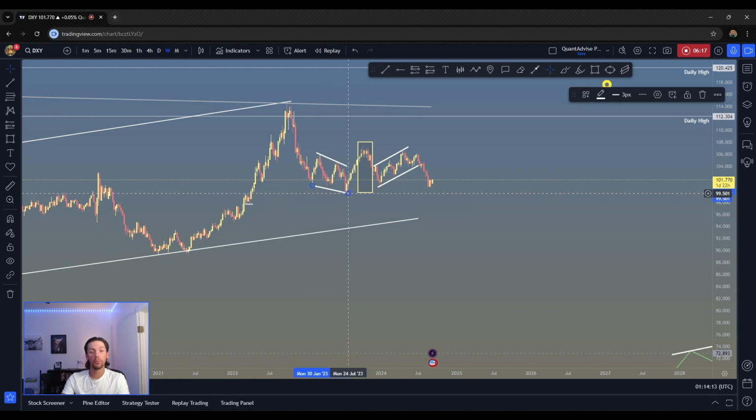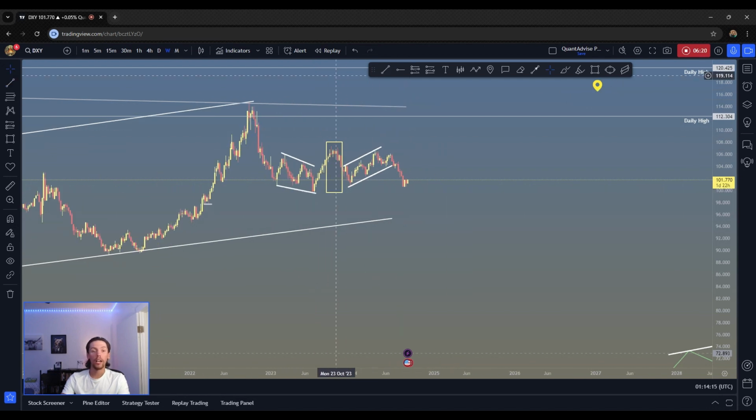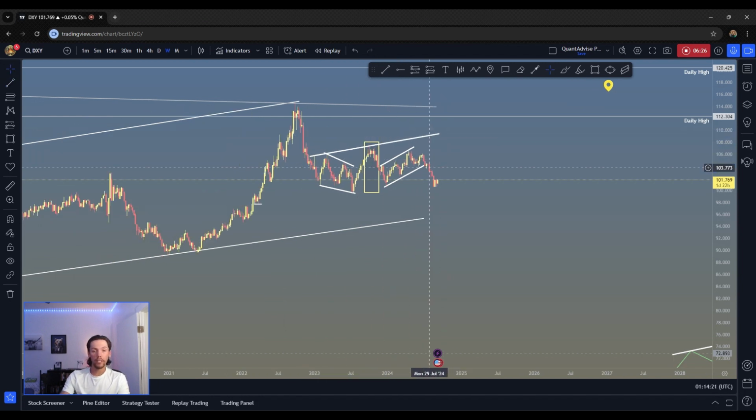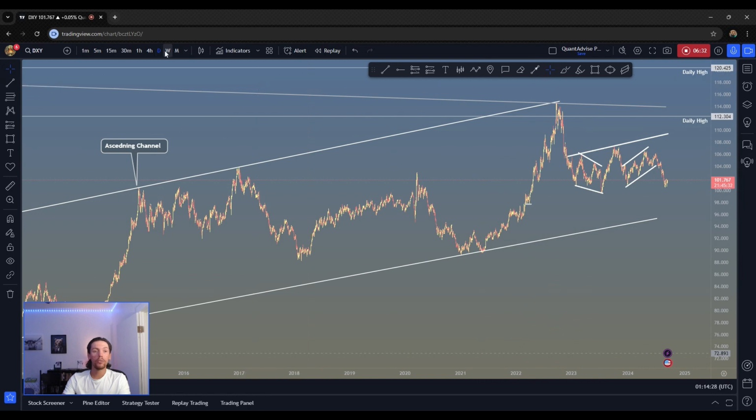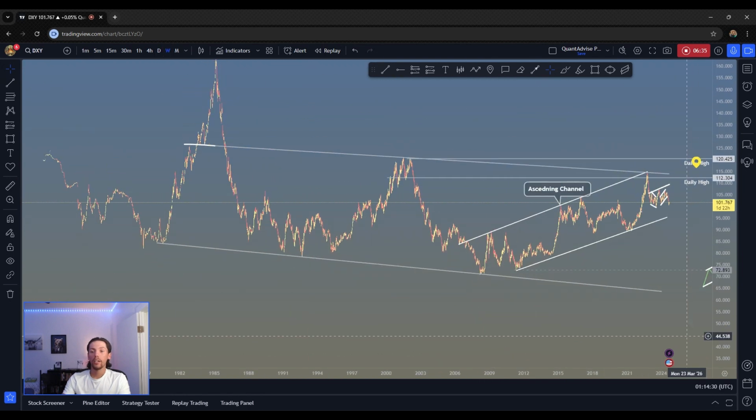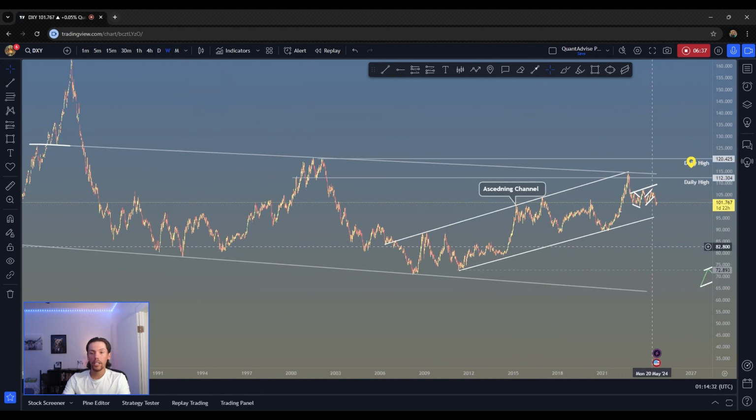Now this is on our weekly time frame. I still want to keep this in mind as we're continuing to develop our bias of what the market is doing as we drop down into our daily.